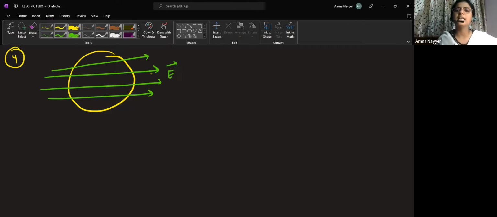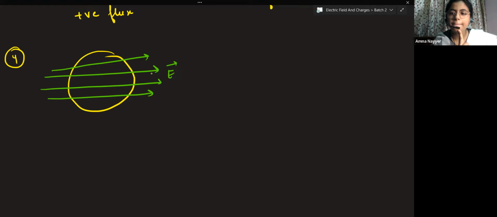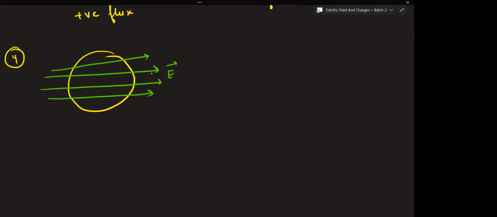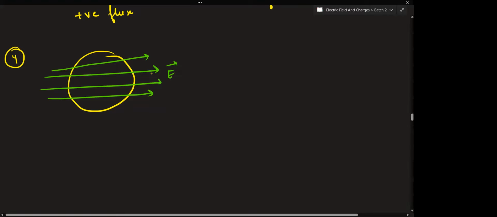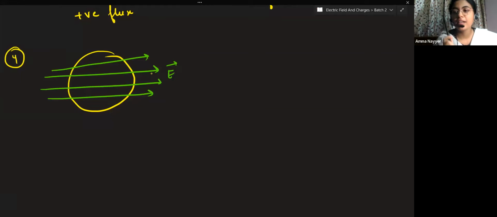So what is the angle that electric field is making with the area vector? Zero. Now it will be 90, Fatima. Now it won't be 0. Electric field is crossing the surface area. If this is your plane surface, electric field is crossing. So do we take the angle of electric field with the plane that you're saying 0? You have to consider the perpendicular.